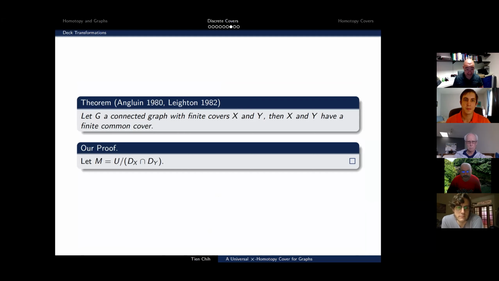Angluin had a conjecture that if G had X and Y as finite covers, then there was a finite common cover of X and Y. And there was a very long technical paper by Leighton that proved it, but really, once you do this deck transformation stuff, just mod by the intersections of the deck transformations. And boom, it's right there. So it's a known result, but it's a very slick way of proving said known result.